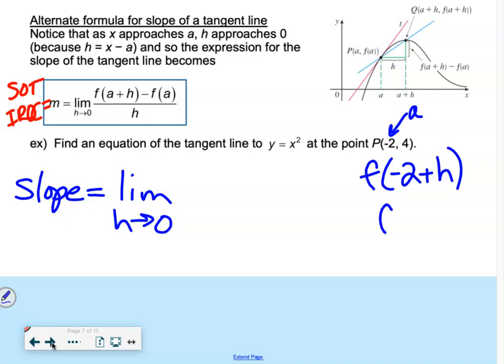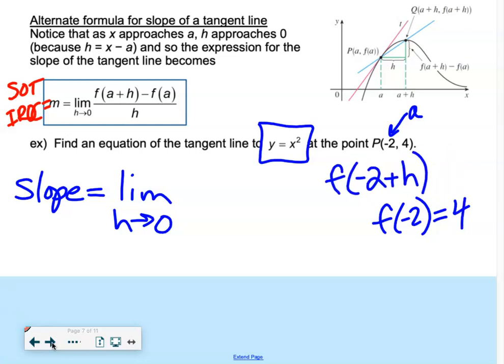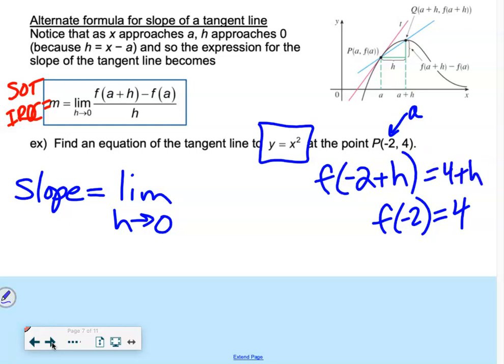Now if we plug -2 into our function, f of -2 is 4, right? So it's very common for students to say f of negative 2 plus h, oh, well, that's just 4 plus h, done. That's so easy, why do people make this so hard? So, is this true? No.